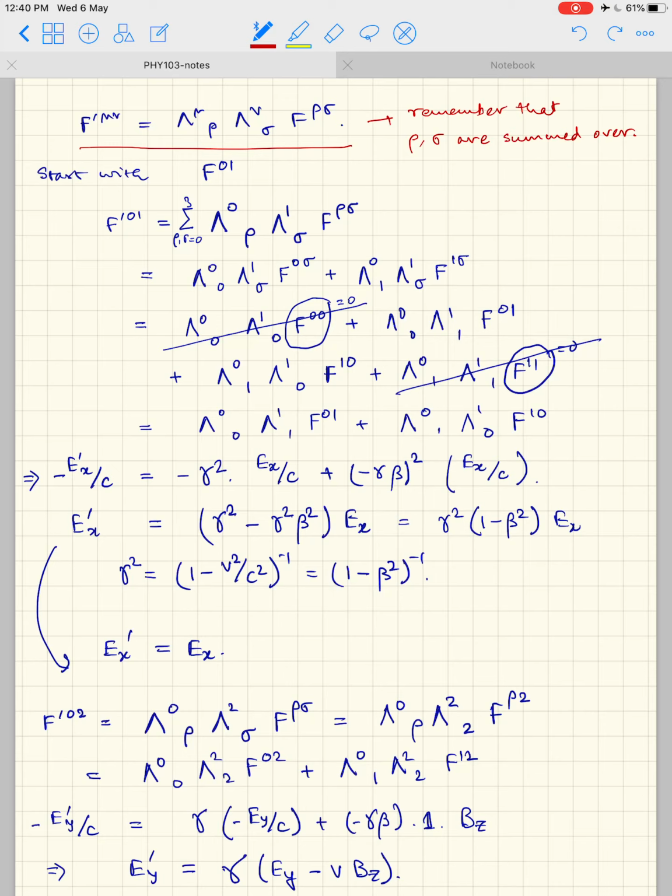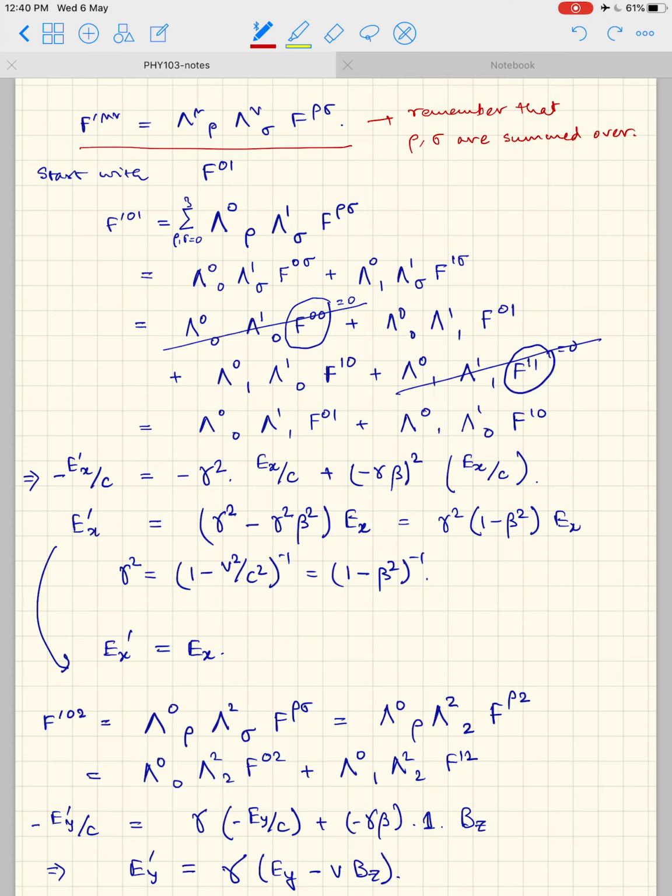Here again, you just need to be careful about the indices, which ones are 0 and which ones are non-zero. Once you get the hang of it, trying one or two of these, you will see that this is very simple. But make sure that you're not missing out on some terms in the sum.